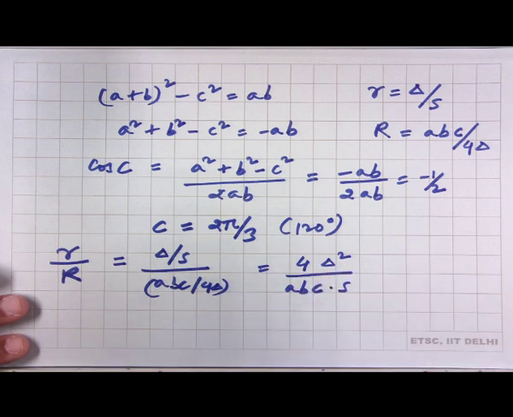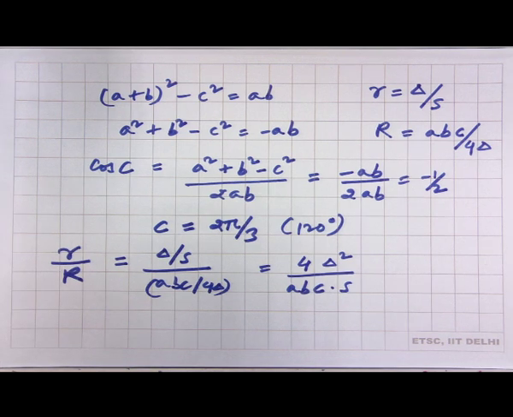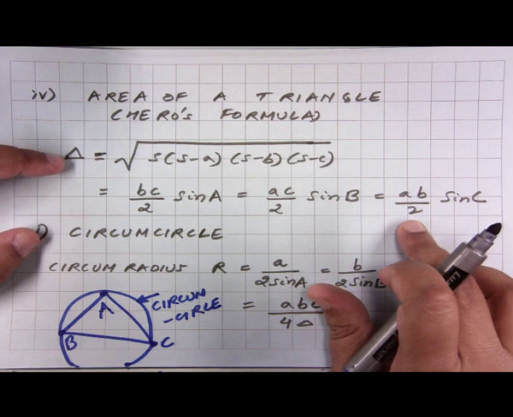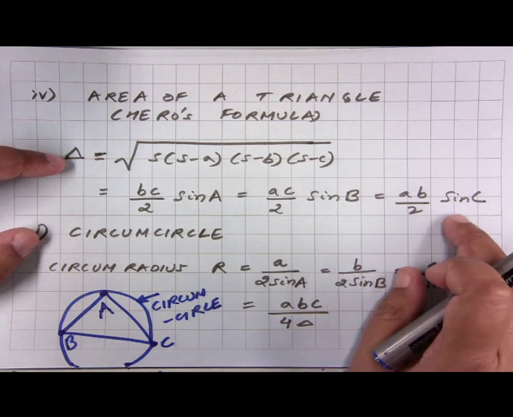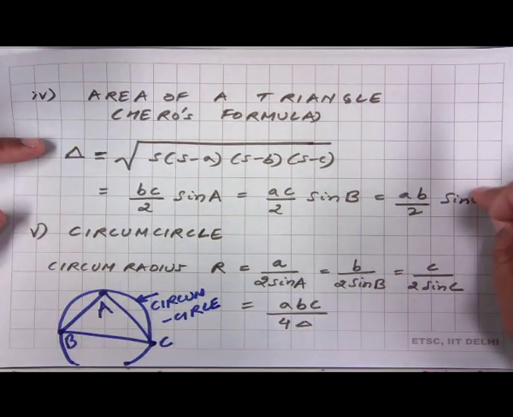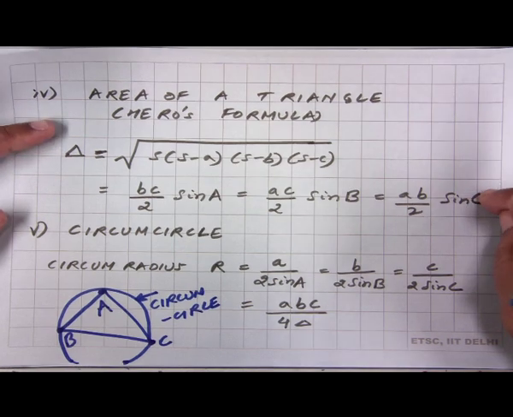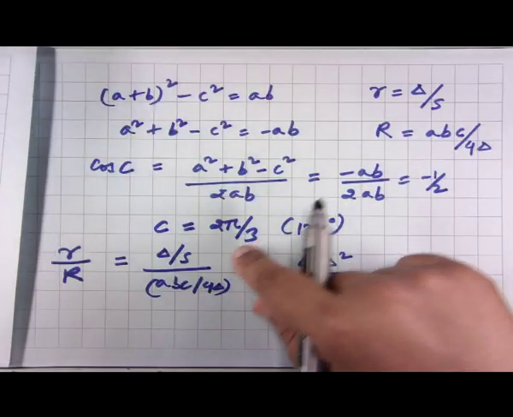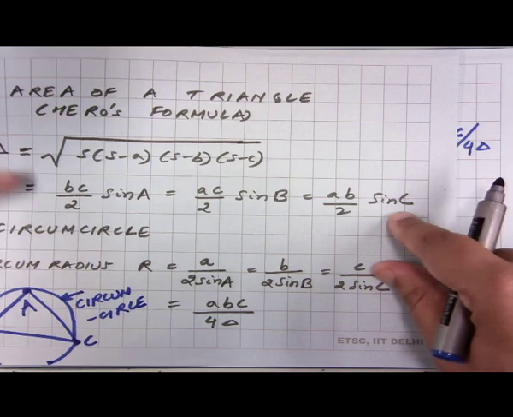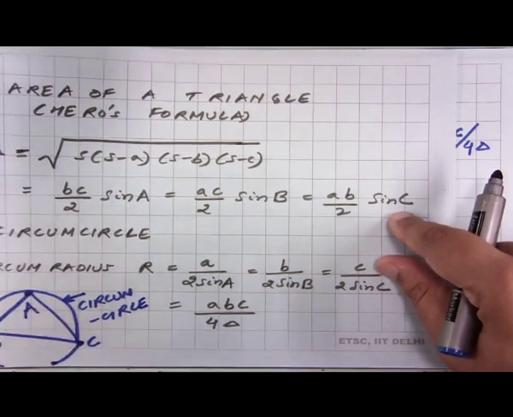If we recollect, one of the formulas for the area of a triangle is that the area is also equal to AB upon 2 into sine of C. This is exactly the formula we should use, because we have already found the value of C, and therefore sine of C is a known quantity for us.